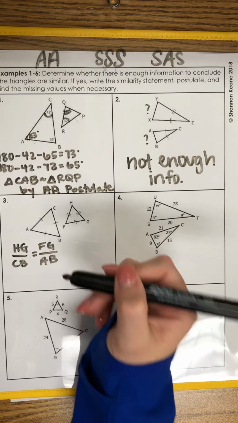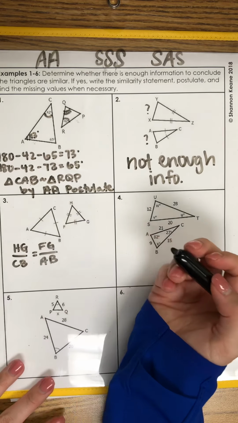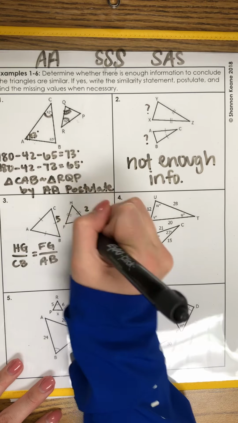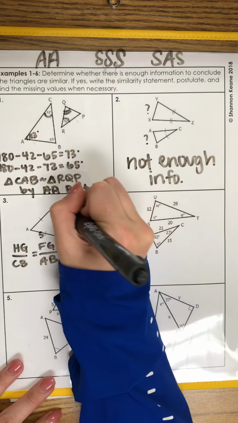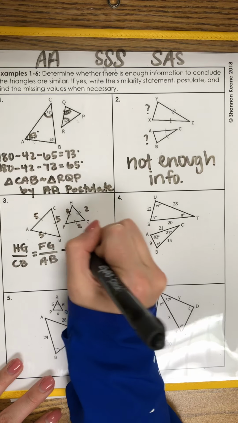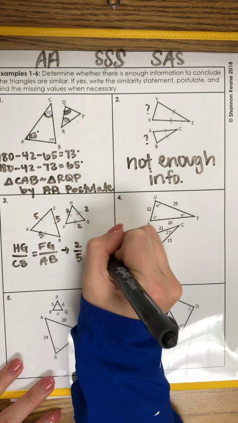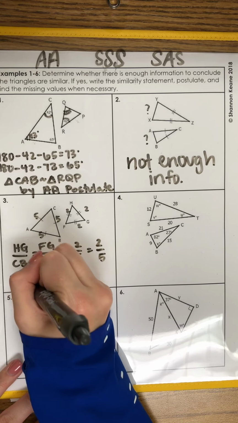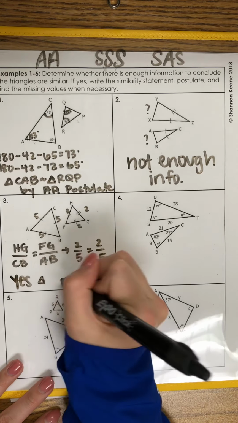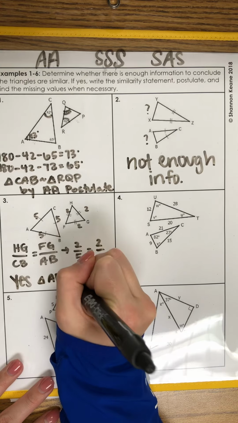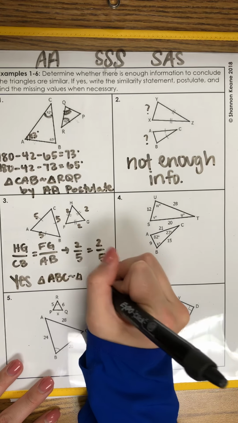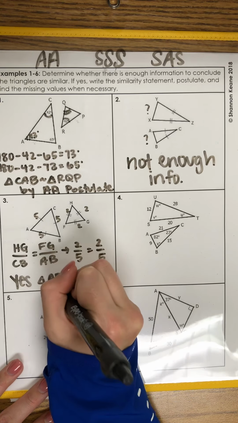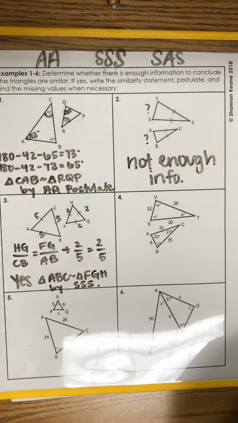So we're going to have two equal fractions because the side values will be equal. So like I said, if this was 2 and this was 5 and this was 2 and this was 5, this might look something like 2 over 5 equals 2 over 5. So our sides will be proportional, so they're similar. So triangle ABC is going to be similar to triangle FGH by side, side, side.